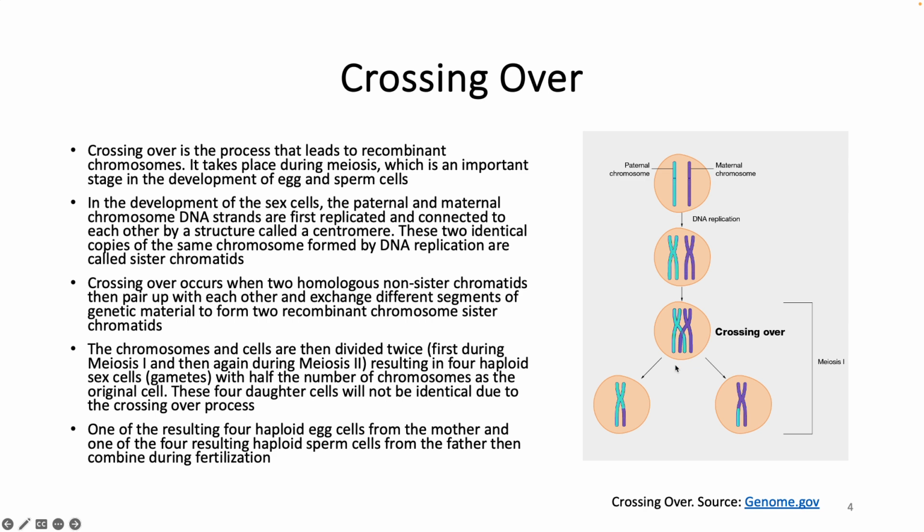But we see here at the end of meiosis 1, after the exchange of DNA, that some of the DNA has now been mixed up between the maternal and paternal chromosomes. They are no longer separated in the same way.